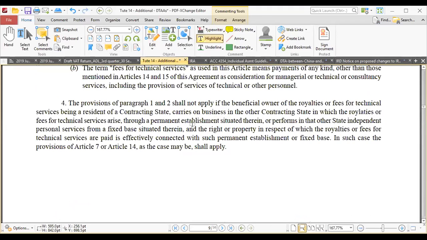Here Article 12.4: if the beneficial owner of royalty and technical service fees, being a resident of the contracting state, carries on business in the other contracting state through a PE situated therein. Because they have a PE, they have a fixed base. They are a non-resident company coming to Sri Lanka, Hera, because of an agency PE.